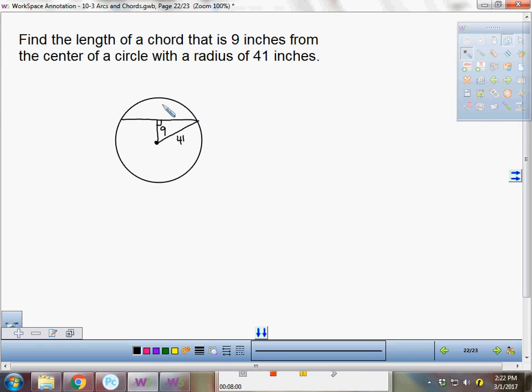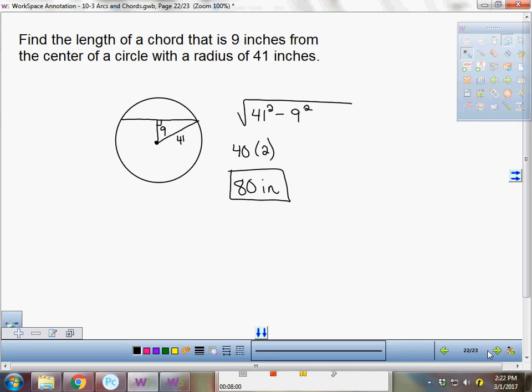We can figure out this part right here. So we're trying to find the length of the chord. Well, if we find half the chord, then we can double it to get the whole thing. So we're finding a leg. So I will take my hypotenuse squared minus the leg that I have squared, and that gives me 40. But I have to double that, which gives me 80, and our unit of measure is inches.